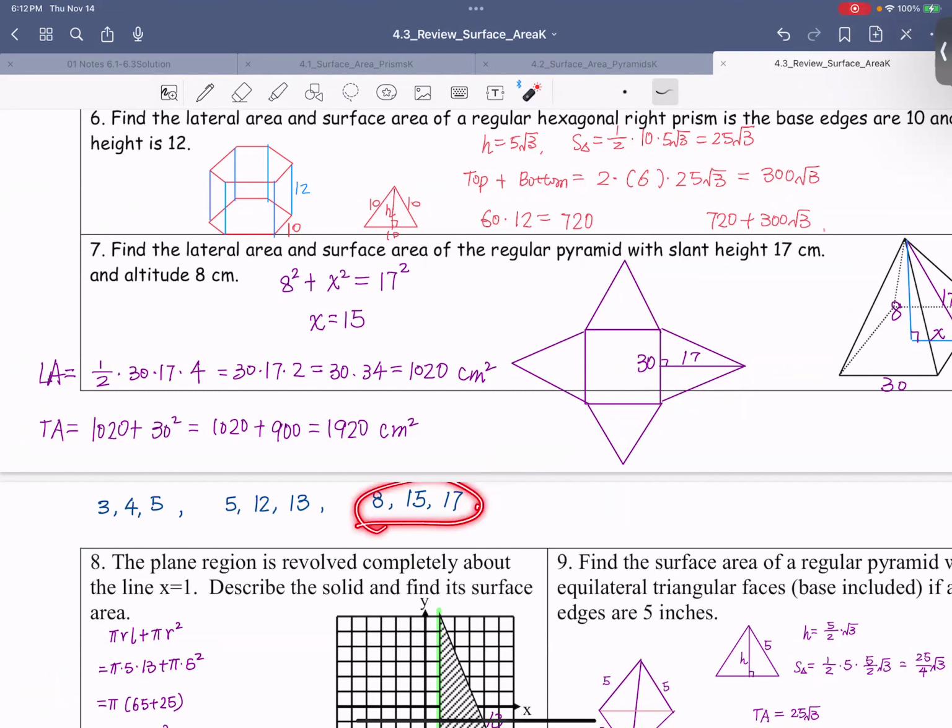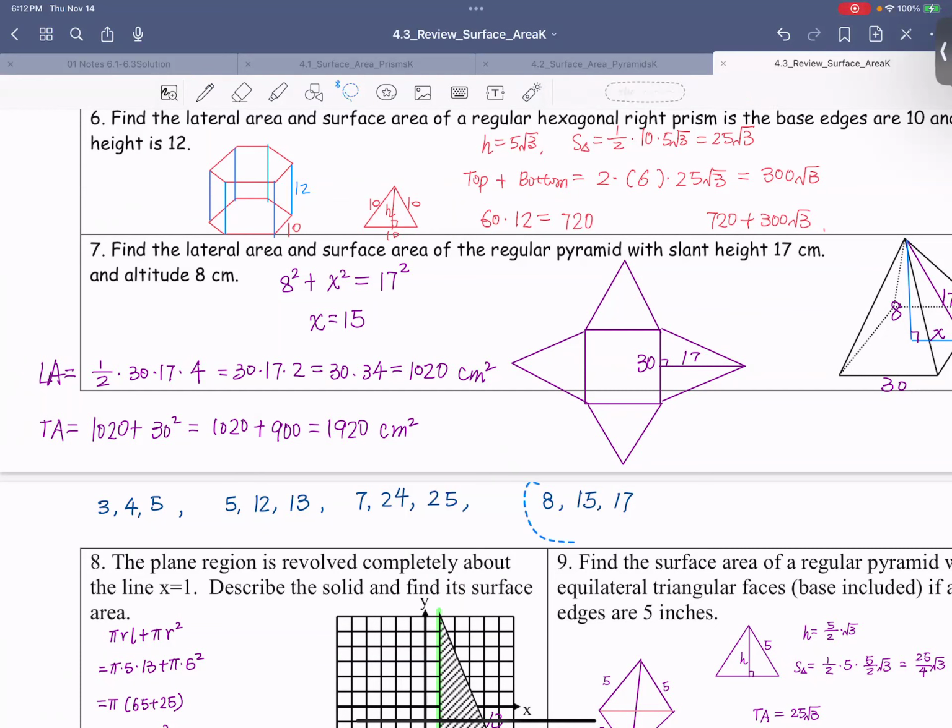If you don't know this, you do 17 squared. Some people don't even know 17 squared. You do this and you subtract 64. That's too slow. If you know this, you immediately know that it is 15. You see what I mean? If you have 7, 24, the third number will be? 25. Thank you.